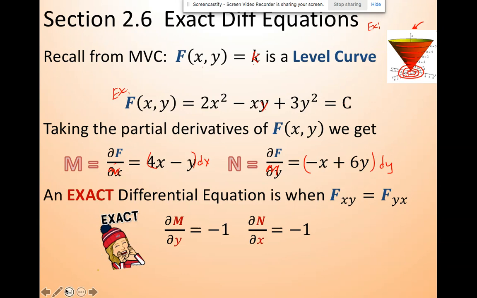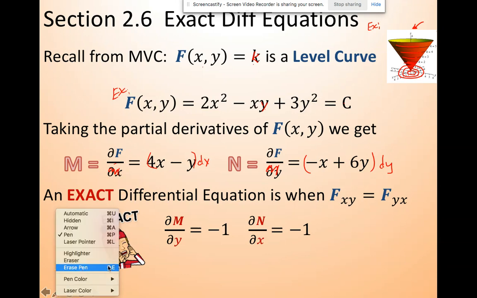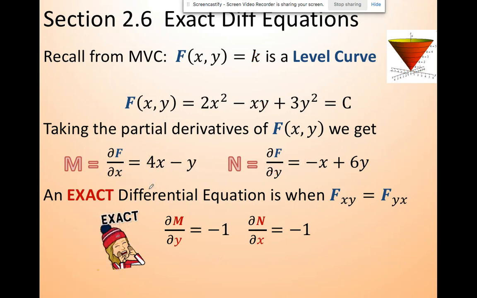But I am just going to look at each one of these and take the partial of M, which is already a partial derivative, with respect to the other variable y. So taking the derivative of this expression with respect to y, the x goes away and I just get -1, the coefficient in front of y. Then I'm going to take N, which is already a partial derivative, with respect to x. And the derivative with respect to x would also be -1.